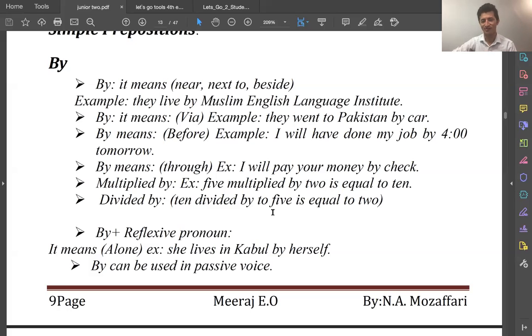Sorry for that. 100 divided by 50 is equal to 2. You can use divided by or multiplied by, both of them. Multiplied by means multiplication. Divided by means division. Ignore my other examples about multiplied by.